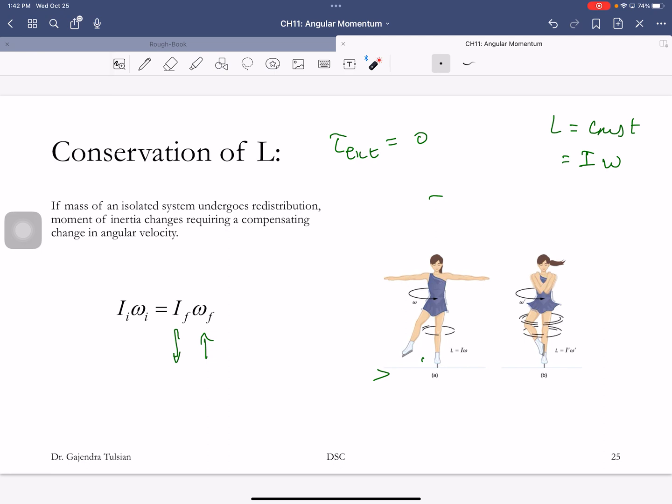Its radius can decrease by a factor of 100,000. So that thing can spin much faster. So a star that was spinning like 1 revolution per month can revolve 1,000 revolutions per second.